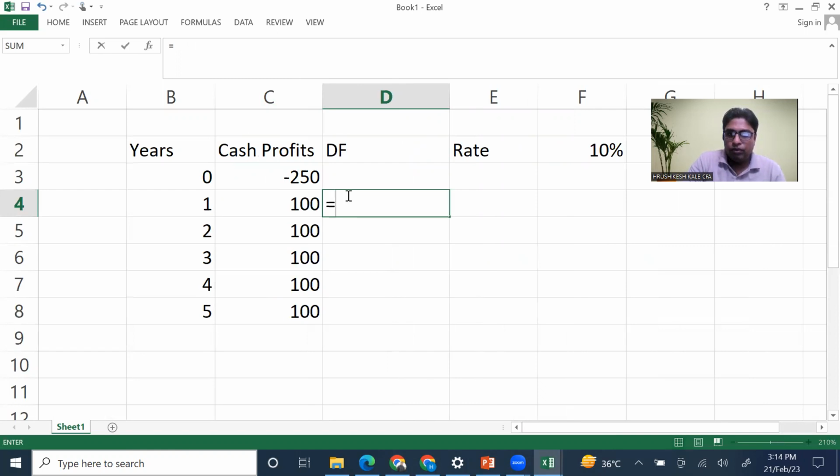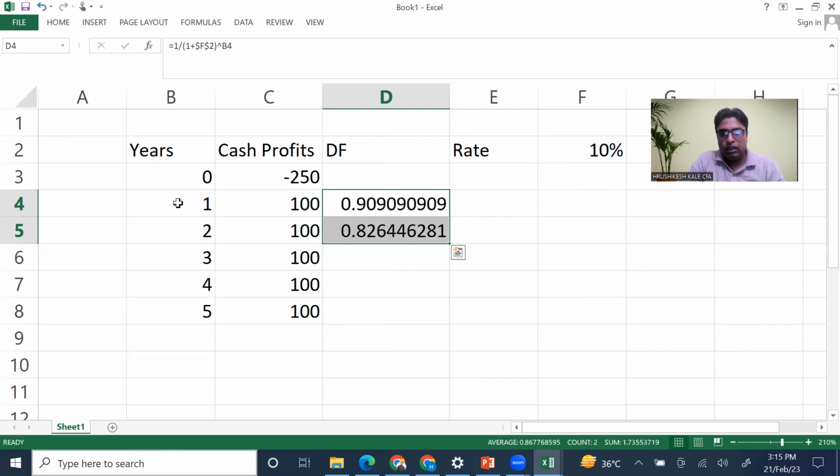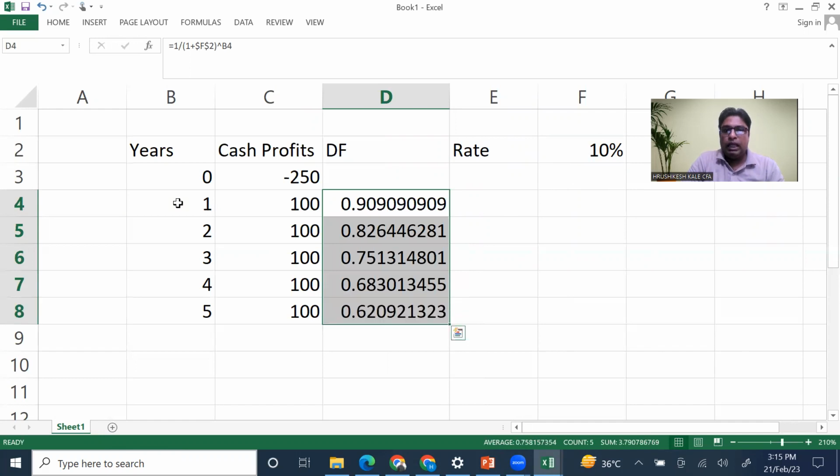It is equal to 1 upon 1 plus 10% raised to the power of the year. So if this is the first year, it will be 0.909. Next year, 0.826, then 0.751, 0.683, and 0.620.